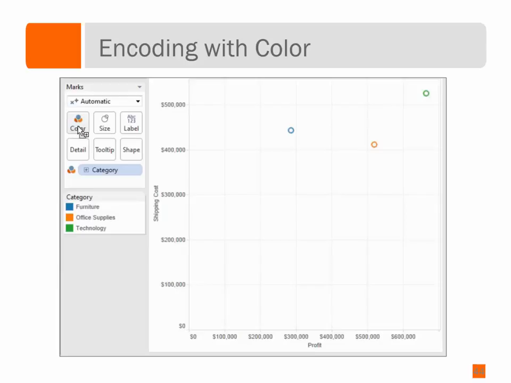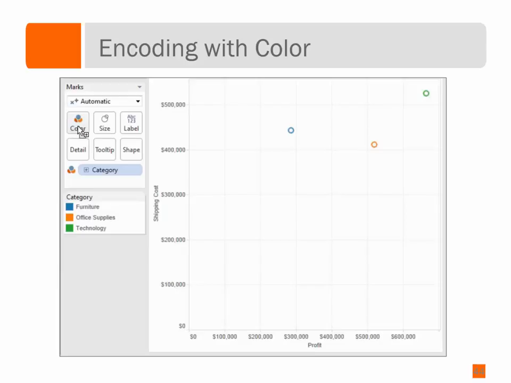Now here we've done the same thing. We have plotted points on an X and Y axis, but we've encoded them with color. We've dragged a particular value, in this case a category value, to the marks encoding. Marks stands for just what it sounds like: you're making marks on a page.